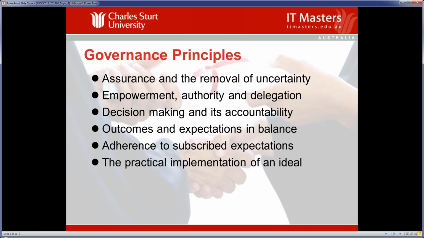So in a sense, we're talking about governance as being the practical implementation of an ideal, an ideology, or you could describe it as strategic objectives, strategic goals. You could describe it in any loose, amorphous, high-level terms, but governance is the practical implementation of that. It's the structure, the methods, the systems that say, we're going to make that a reality.